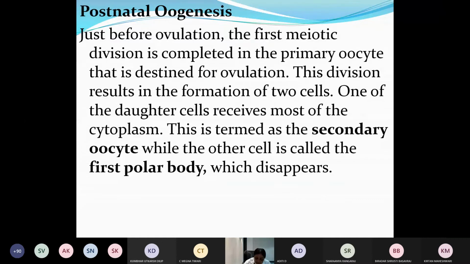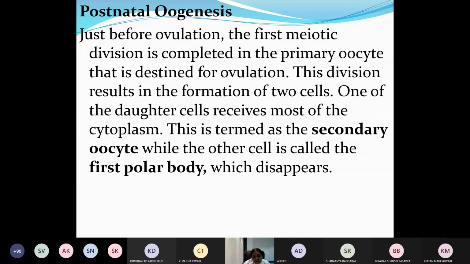Postnatal oogenesis. Just before ovulation, the first meiotic division is completed in the primary oocyte that is destined for ovulation.